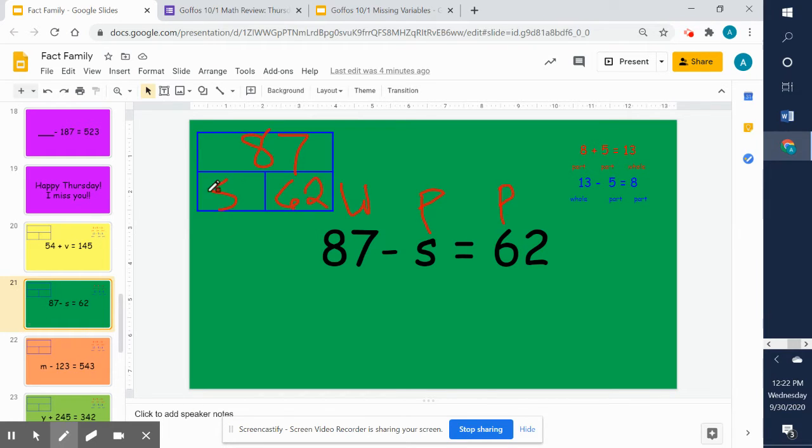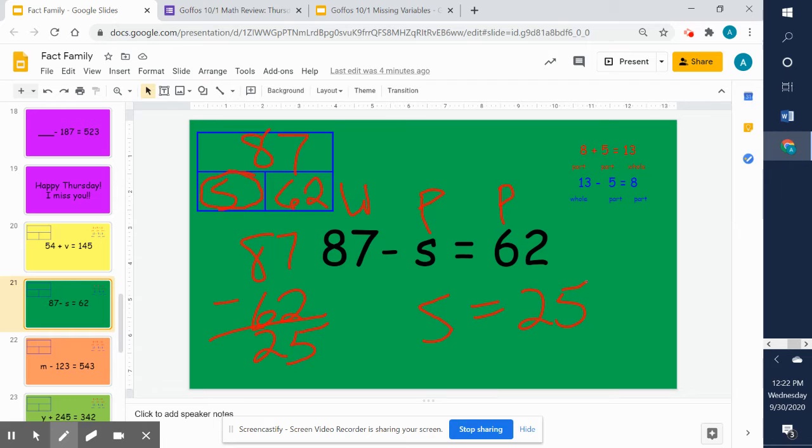And again, when I know my whole, but I only know one part, and I need to find my other part, I am subtracting. So 87 minus 62. 7 minus 2 is 5. 8 minus 6 is 2. So S equals 25.